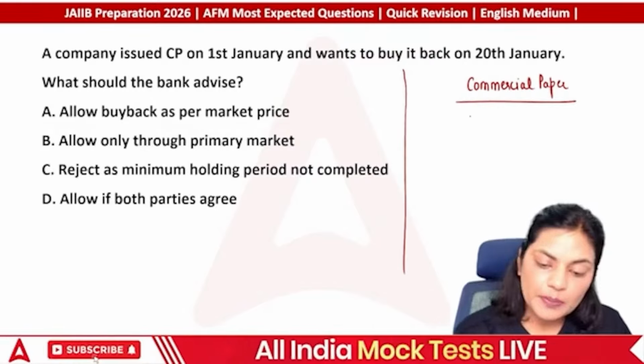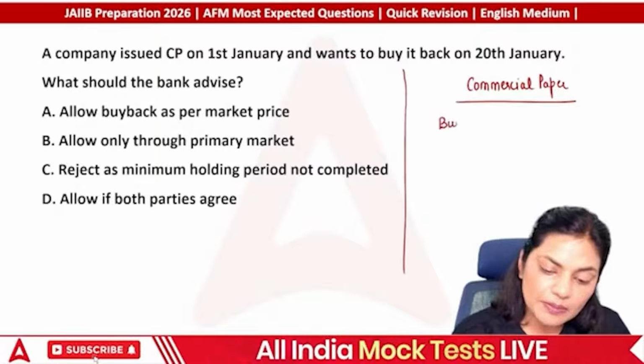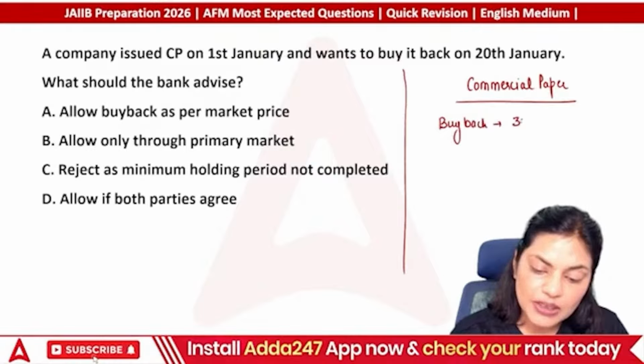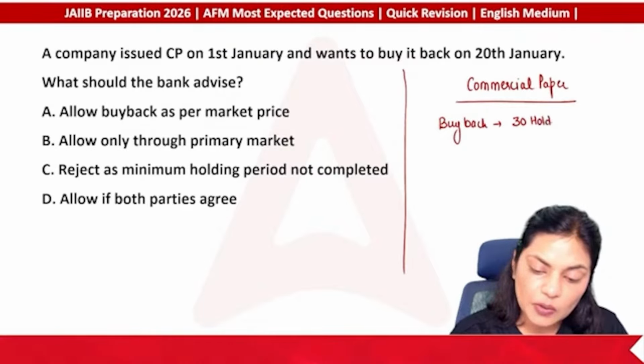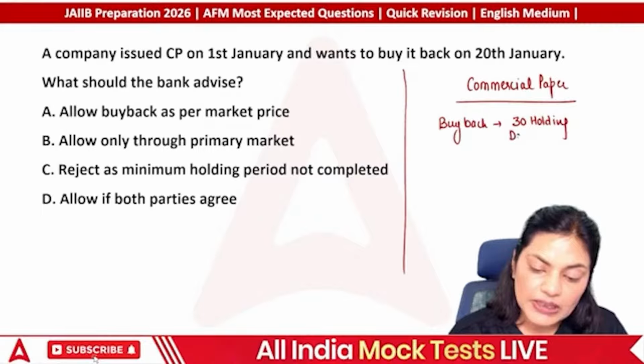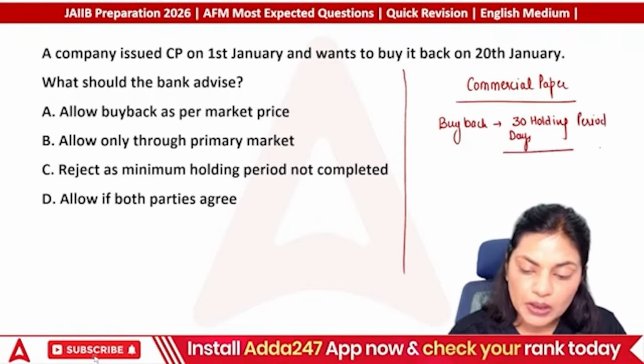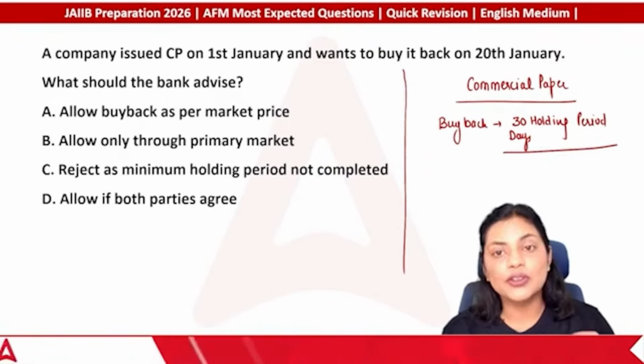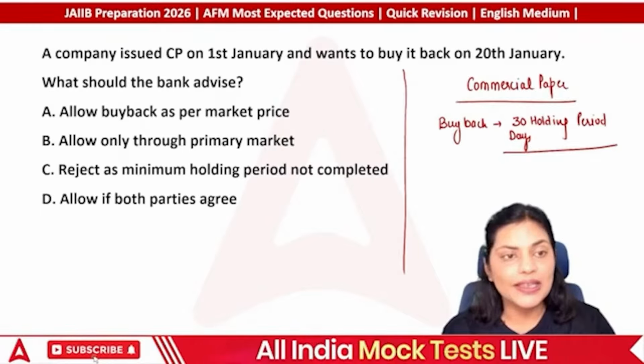Now, in case of commercial paper, the buyback is possible, but the essential condition is the company should have 30 days of holding period, which means the company has to have the commercial paper with them for 30 days, and only then they can think of buyback.